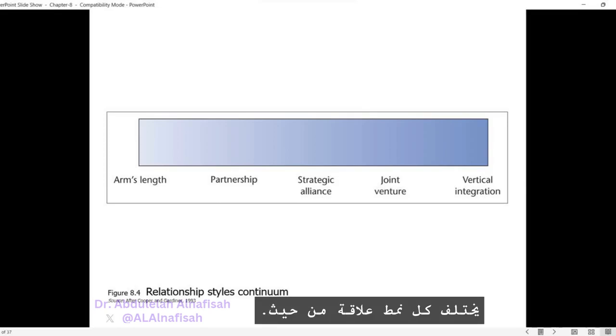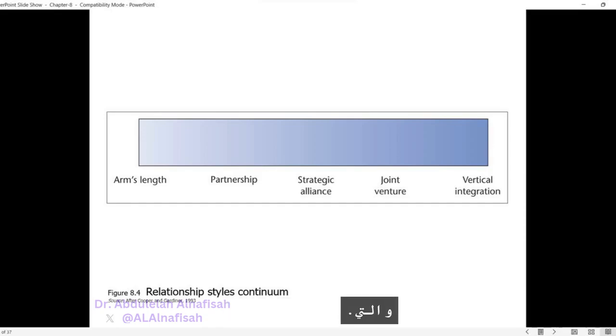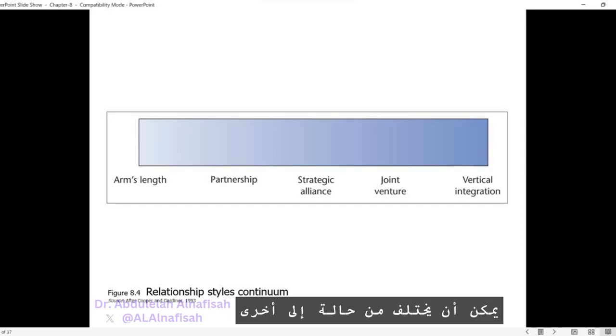Each relationship style varies in terms of its duration, breadth, strength, and closeness, which can differ from case to case and evolve over time. A focal firm may have different types of relationships with its customers and suppliers, adopting a range of styles depending on the specific supply chain situation.